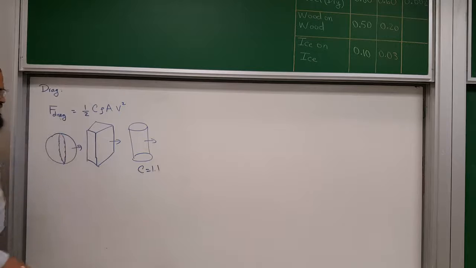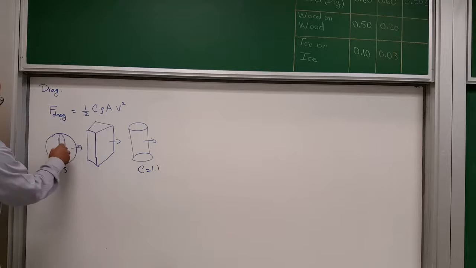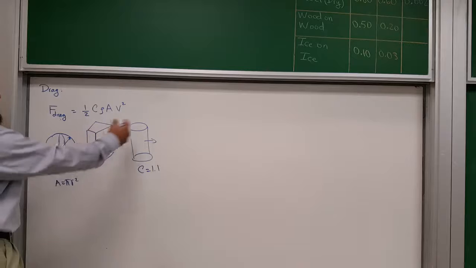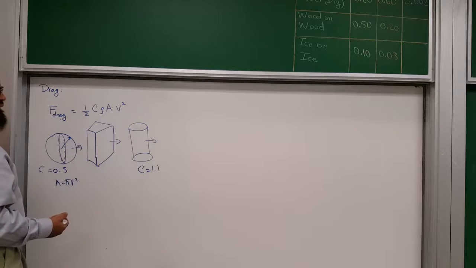If it's a sphere like this, let me just look up the value. Then it will be 0.5. In this case, if the radius is r, then the area is pi r squared and C is 0.5. For this one here, what would the area be?